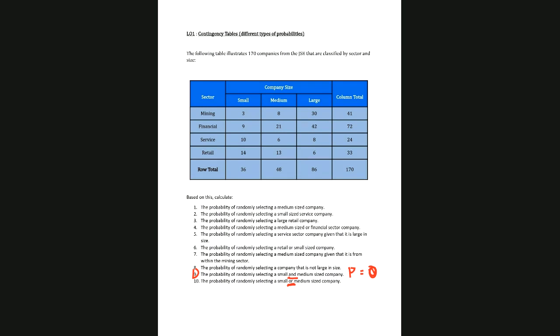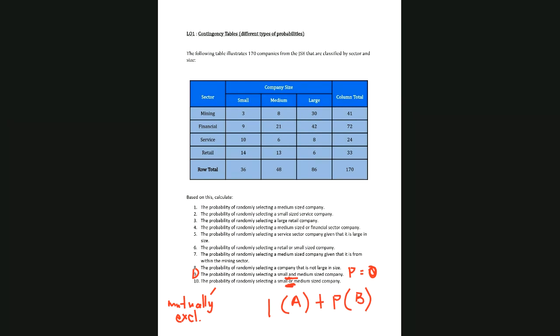So here, in order to calculate small or medium, it is calculated by taking the probability of A plus the probability of B. Again, remember, it is a mutually exclusive event. So with a mutually exclusive event, two events cannot happen together, which means it can't be small and medium, but one or the other in this question can happen.